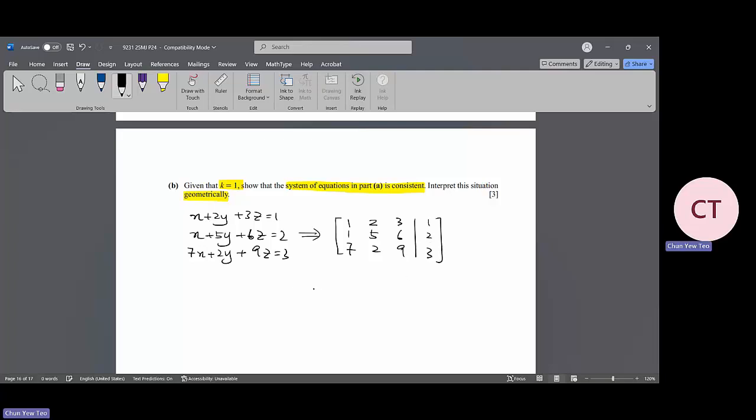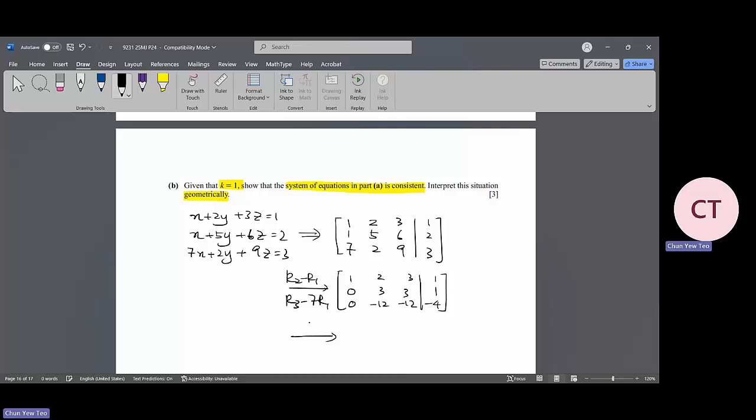So we just need to apply the row operations. Take R2 minus R1, and R3 minus 7R1. Row 1 just remains. Row 2 now becomes 0, 3, 3, and 1. Then row 3 becomes 0, negative 12, negative 12, and negative 4.